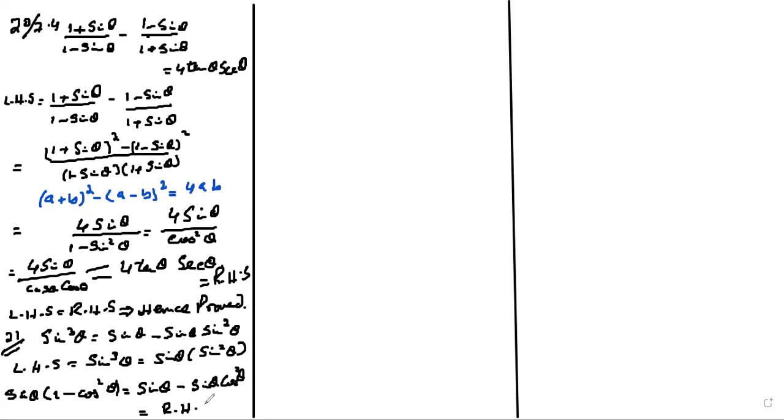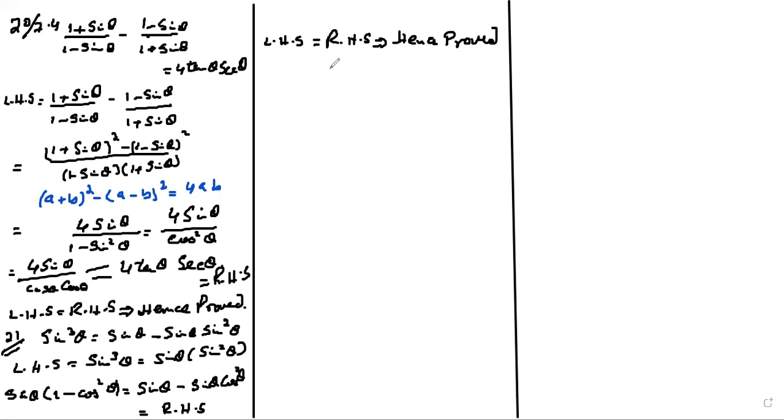So it is a very easy question at the end. So left hand side equals right hand side, which implies it is proved or verified. This is all about question number 21.